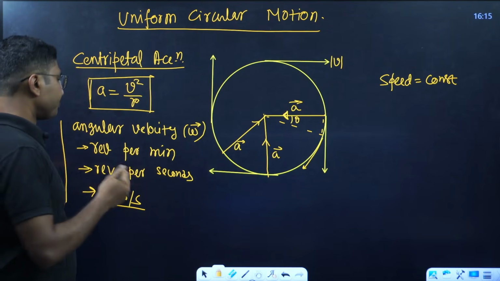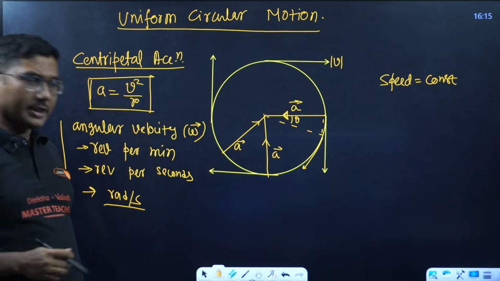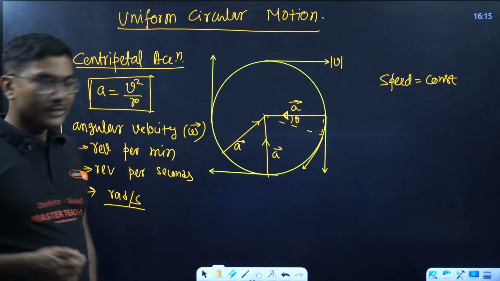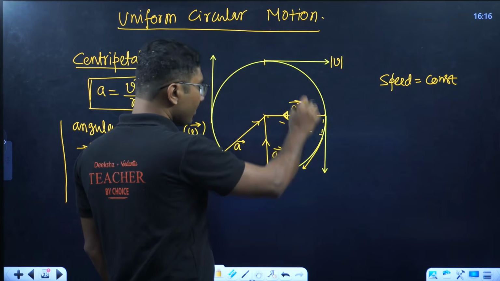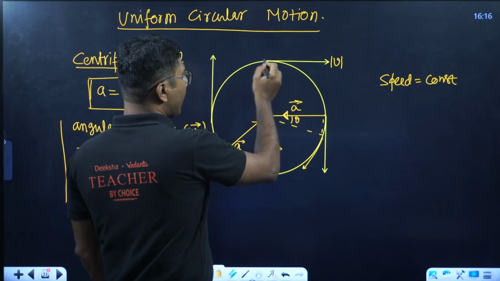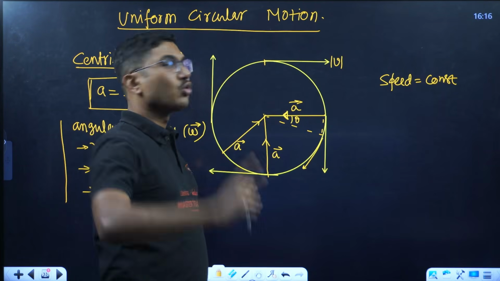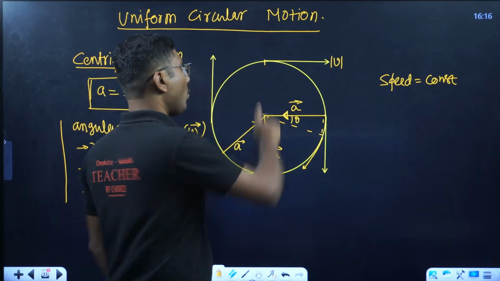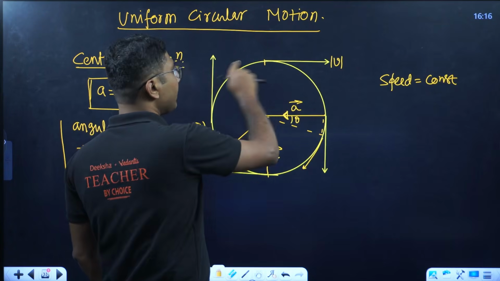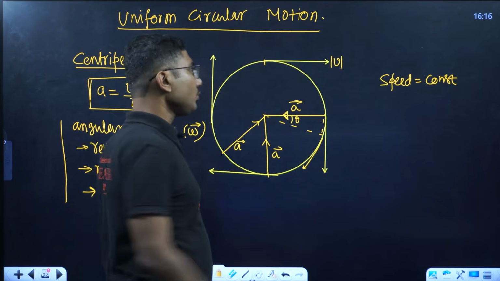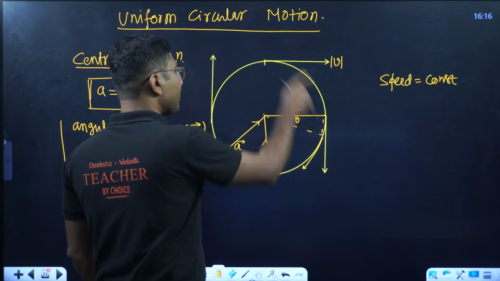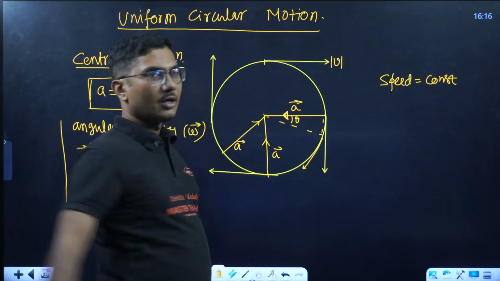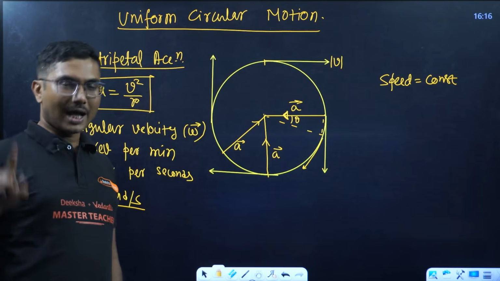Now anyway, revolution per minute, what is that? Suppose the object starts over here, it completes and comes back over here as well. This is called one revolution. One revolution means one complete rotation. If it completes 2.5 revolutions, that means 2 complete revolutions and a half, right?